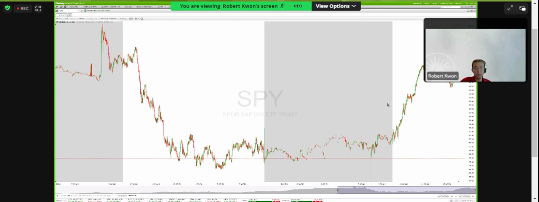We also had hotter than expected PPI. What was the initial reaction? It went down. It was down about 14. And then it basically instantly recovered and started pushing higher. Let me lower the hands. How many people were surprised at today's response, at least until now? Okay, let me lower the hands.